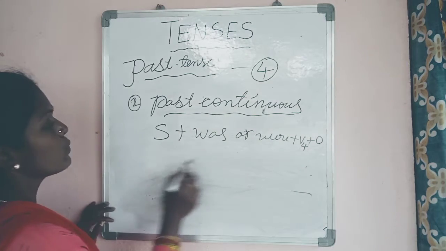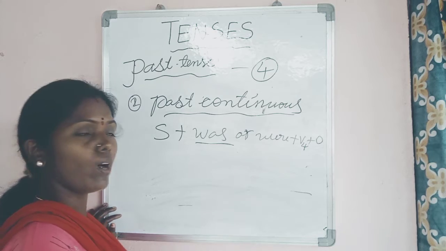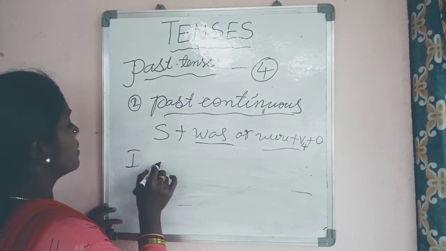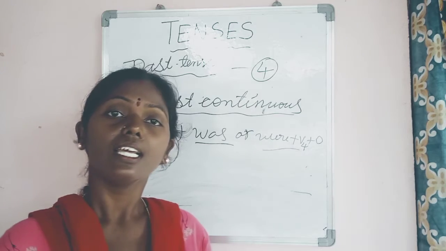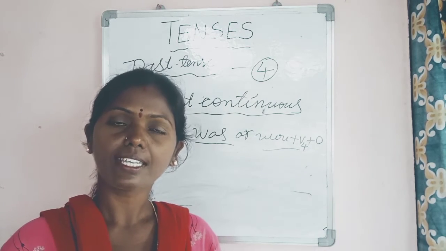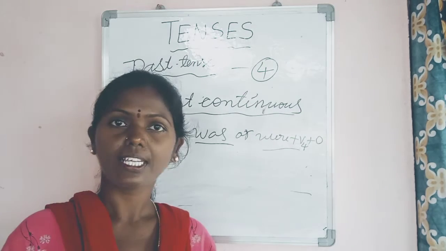When we use the singular form, we have to use was. When we use the plural form, we should use were. For example, at this time, now I am teaching grammar. At the same time yesterday, I was teaching the grammar.